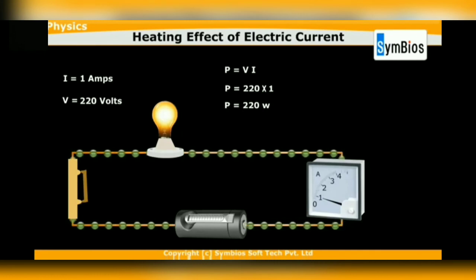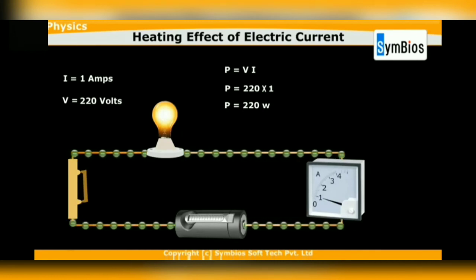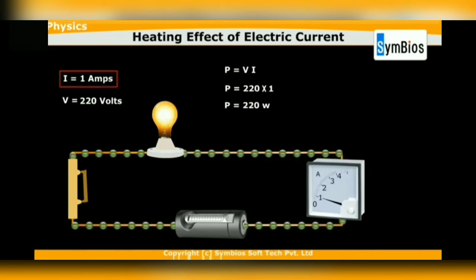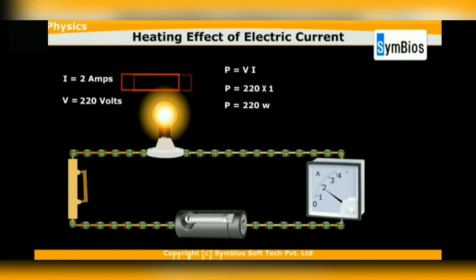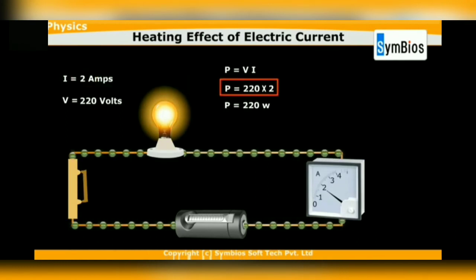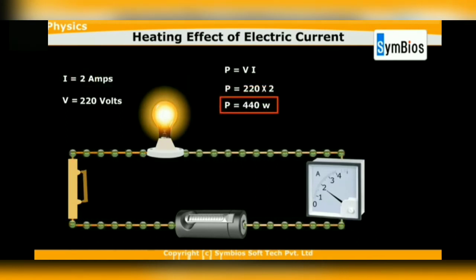If we increase the rate of charges to 2 coulomb per second, that is 2 ampere current, then we observe that the brightness increases. The power consumed by the bulb is 440 watt. As more charges flow, more energy is available to transfer into light energy per second, and we say that the bulb has more electrical power.